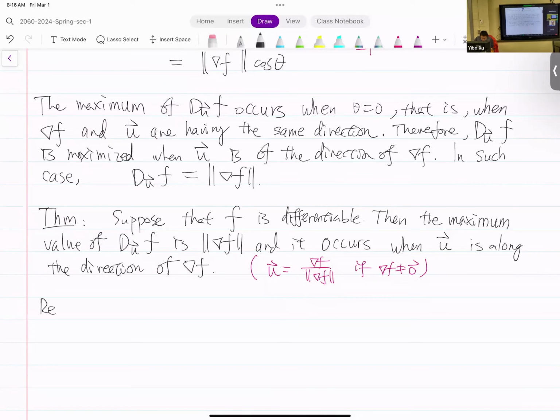Remark. So basically, you have a maximum directional derivative that is exactly the most positive one. Okay, so the gradient direction is the direction along which f increases the fastest.